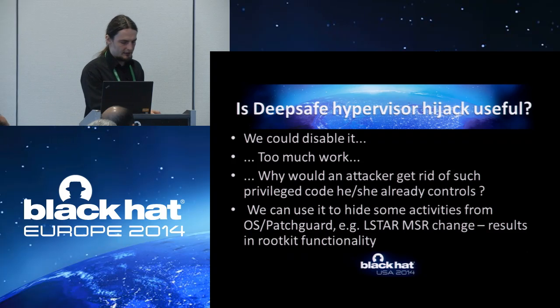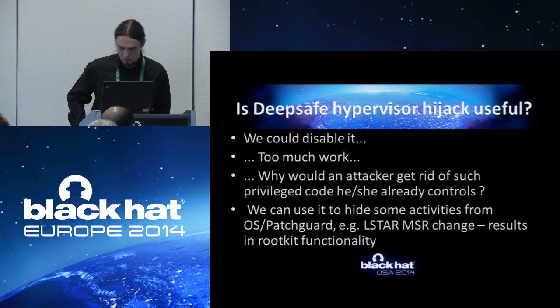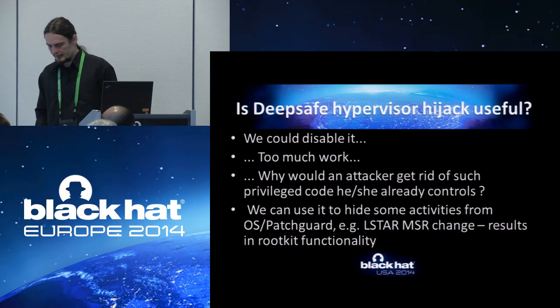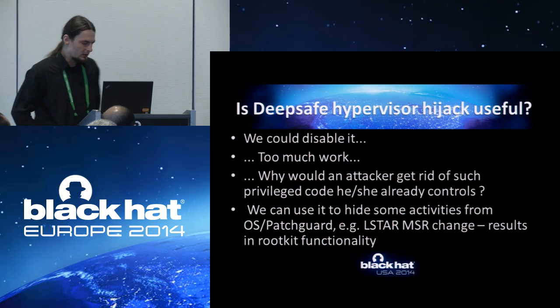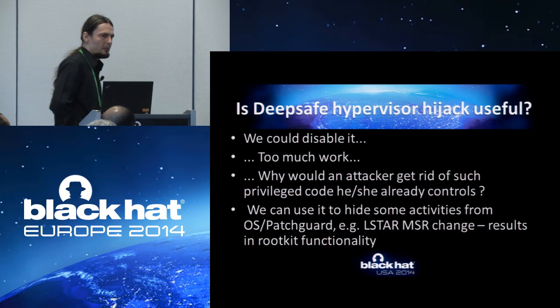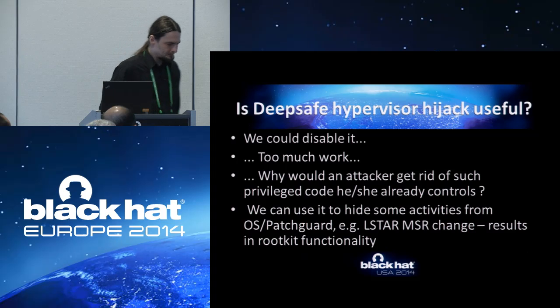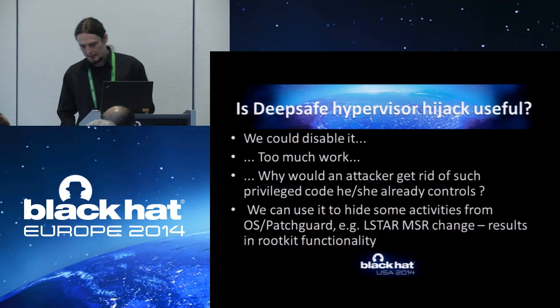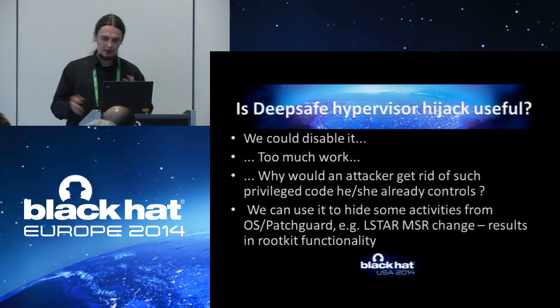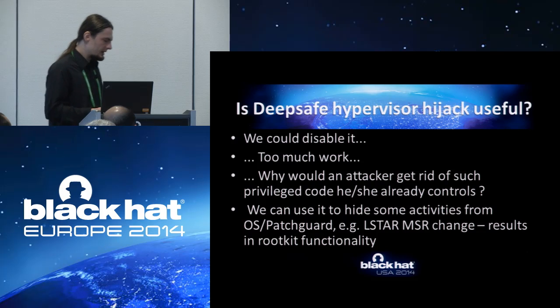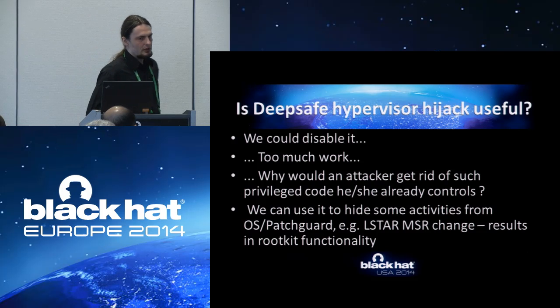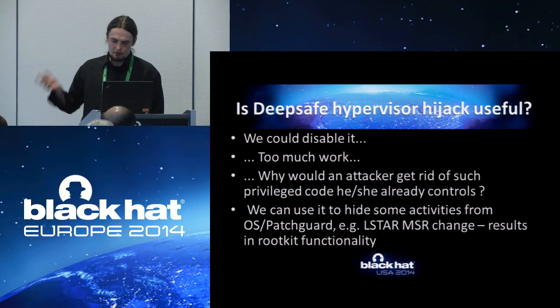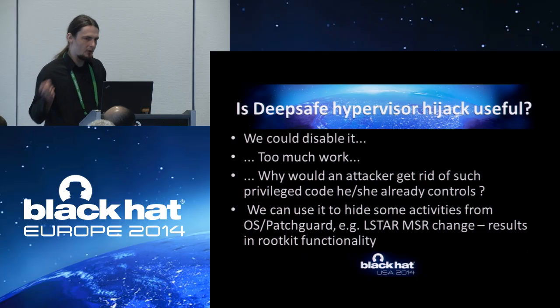I injected a very simple rootkit into the DeepSafe hypervisor. What it allowed me to do was to fool PatchGuard in Windows. As you remember, PatchGuard in Windows periodically checks for signs of rootkits in the operating system. If I control the hypervisor, I can fool PatchGuard.